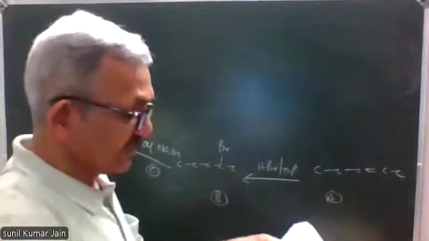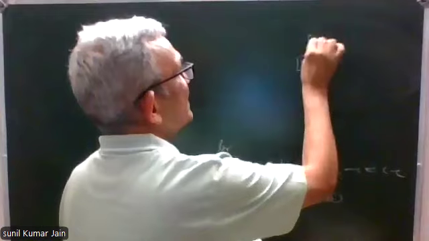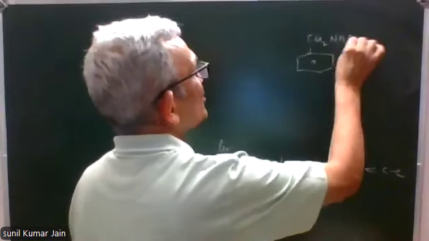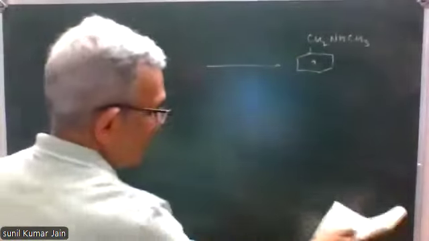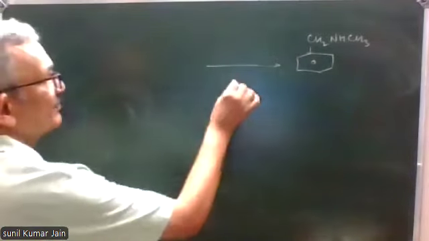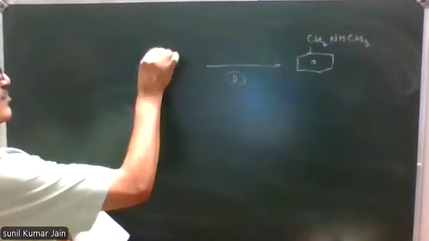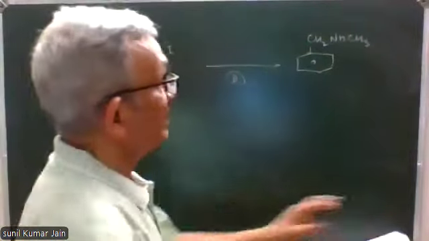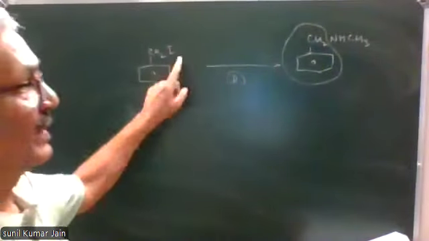Fourth sequence. At the end, we are given C6H5CH2NHCH3. For the preparation of this compound, we are given benzyl iodide and D. It means this part comes from benzyl iodide.